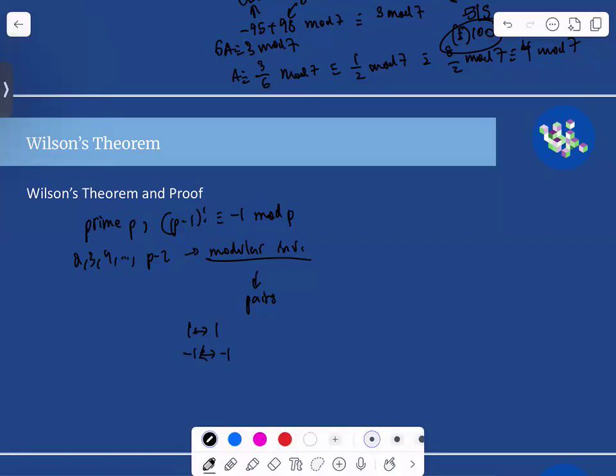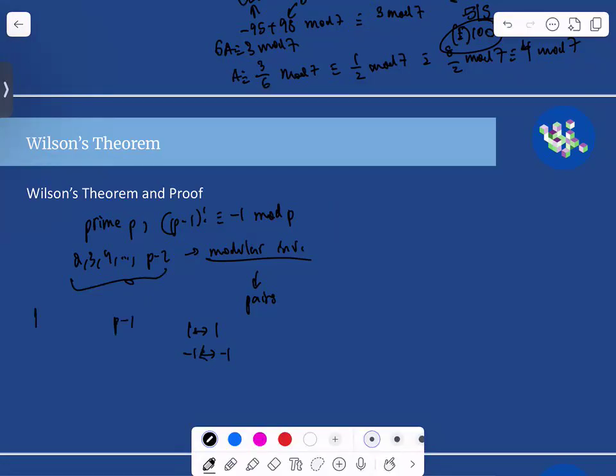All the rest of the residues mod some m in general, not necessarily a prime number, have modular inverses that come in pairs. So the numbers from 2 to p minus 2 have modular inverses that come in pairs, and 1 and p minus 1 are exceptions.